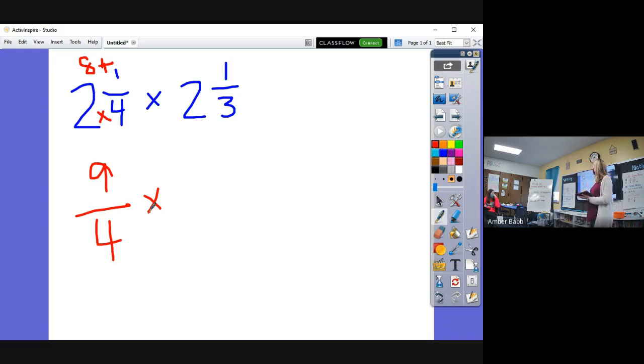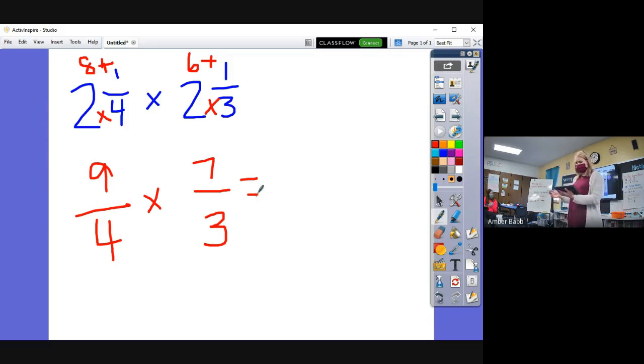So I got 9/4 times, and then I'm going to do this one. 3 times 2 is 6, plus 1 is going to give me 7/3. So now I've got 9/4 times 7/3. Now I'm just multiplying fractions like I have been all week long.